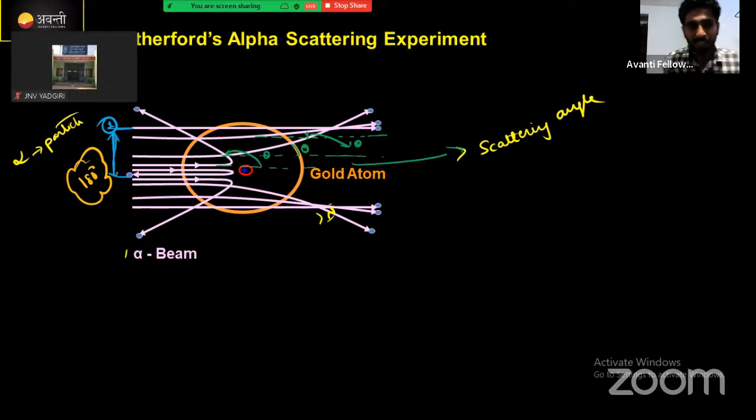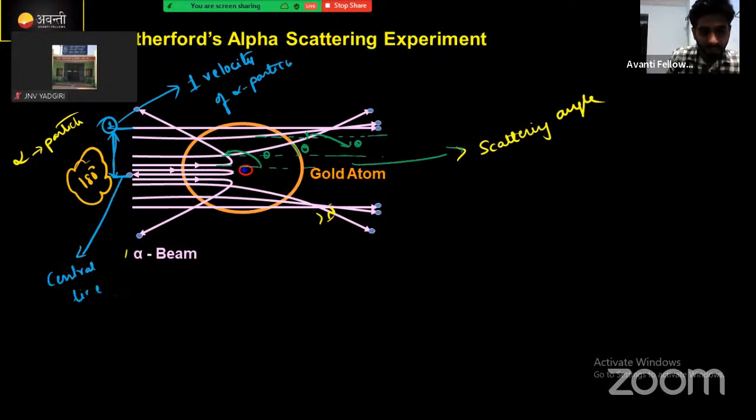Some distance is there from the initial velocity direction of the alpha particle to the central line.